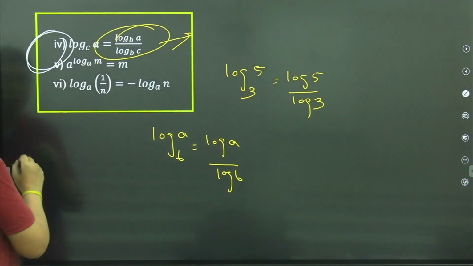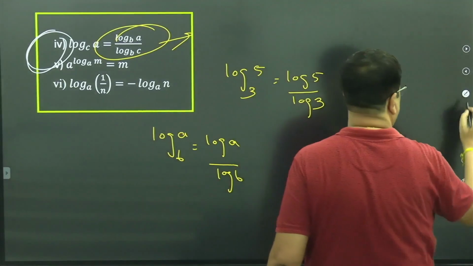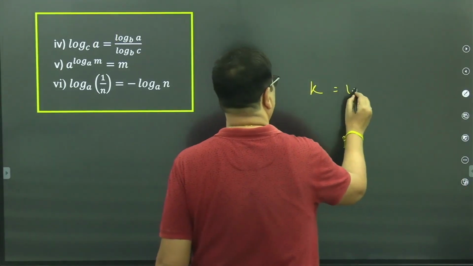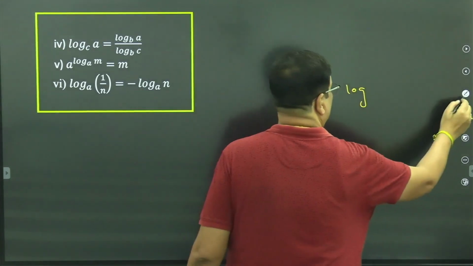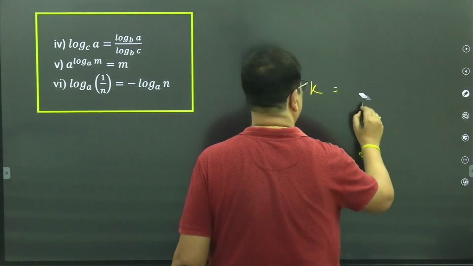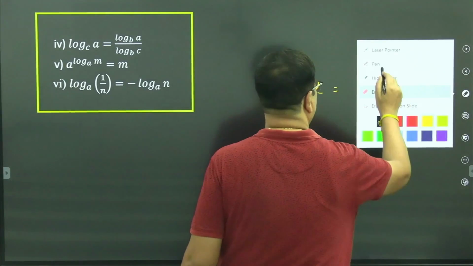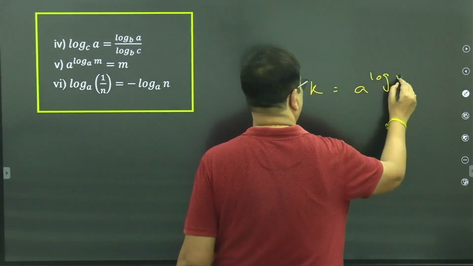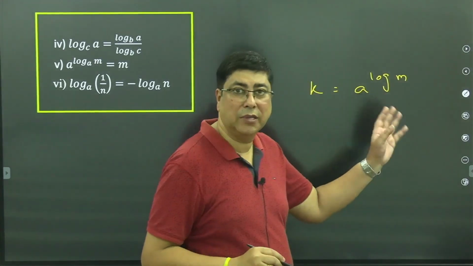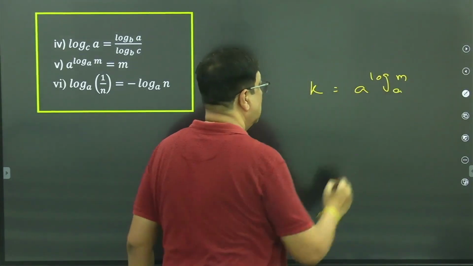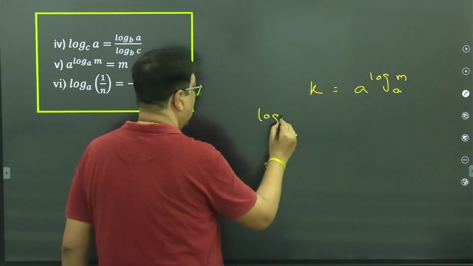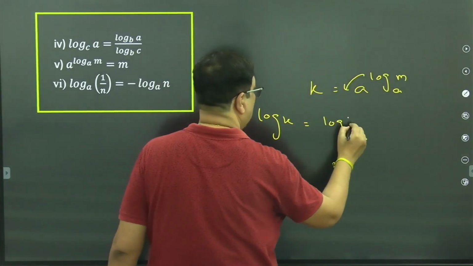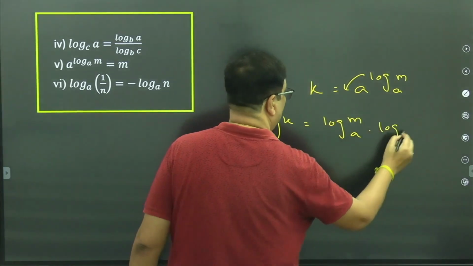So let's do one thing. How to prove this? Let k equal a to the power log m, base a. Now if I take the log on both sides, log k equals, this power comes out, log m times log a base a.